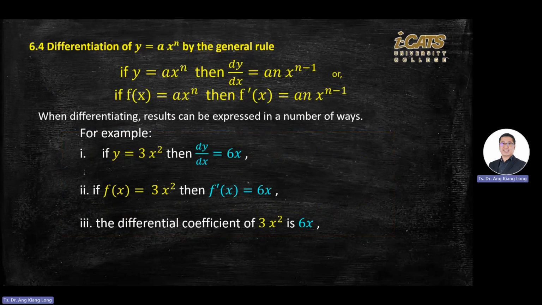Or sometimes the question asks you to find the differential coefficient, which is 6x. Differential coefficient is also dy dx, also f prime of x. Or sometimes derivative also has the same meaning.